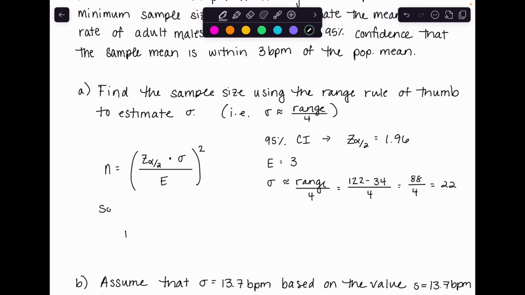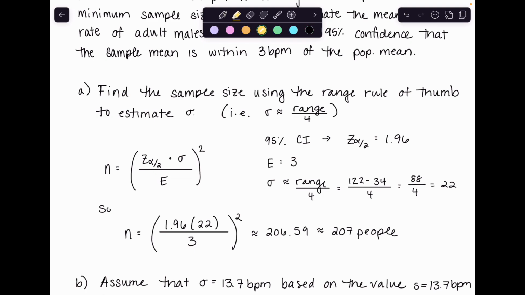So the sample size we would need would be 1.96 times 22 divided by 3, and then squared. So plugging that into your calculator, you should see it's about 206.59, and you can't have a fraction of a person, so we always round up for that sample size.